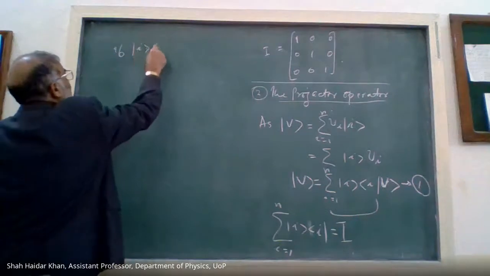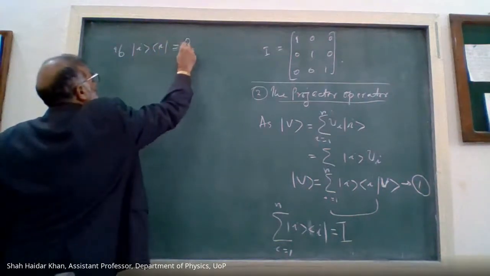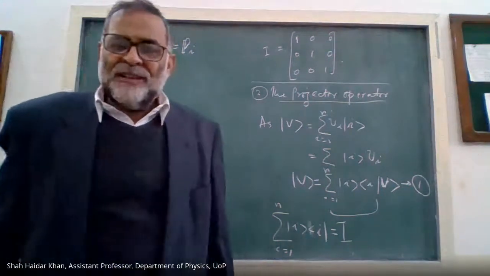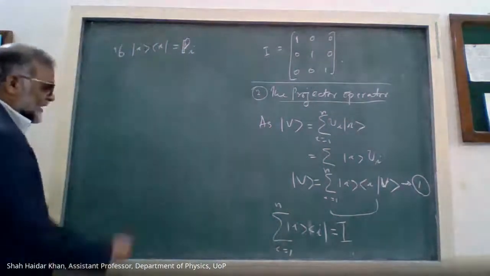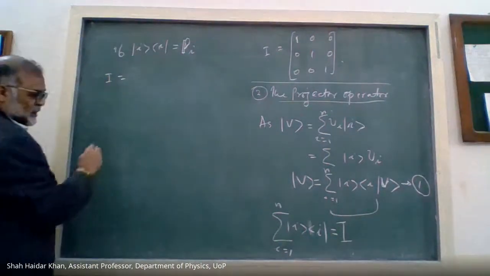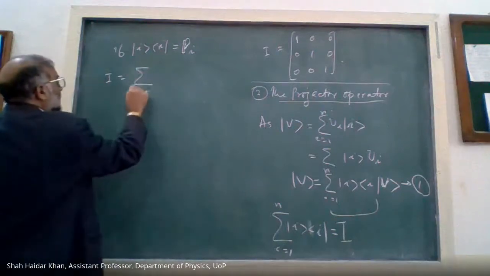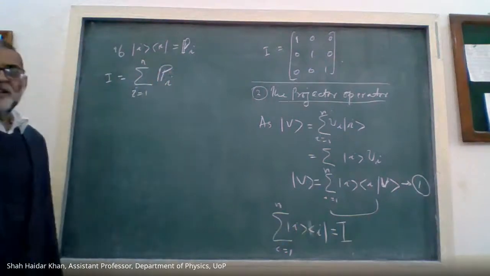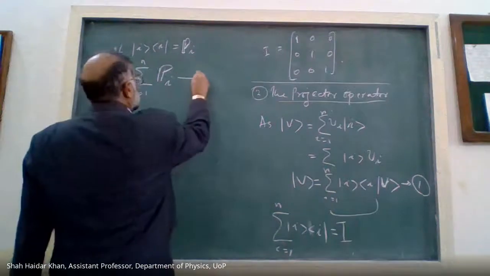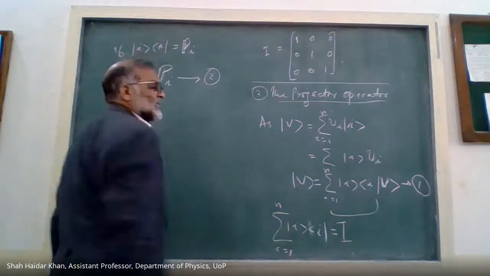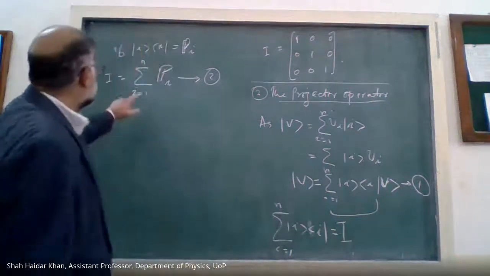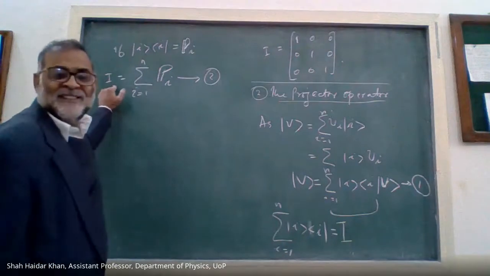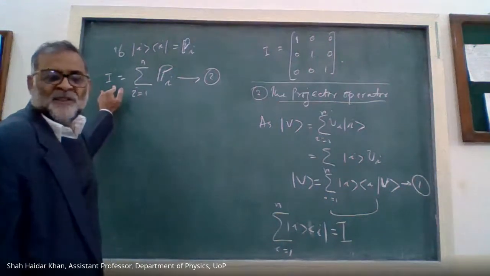If |i><i| is equal to P_i, the projector operator along the dimension i, then the sum from i equal to 1 up to n of P_i, the summation of all the projections in a vector space, is equal to the identity matrix or the identity operator.